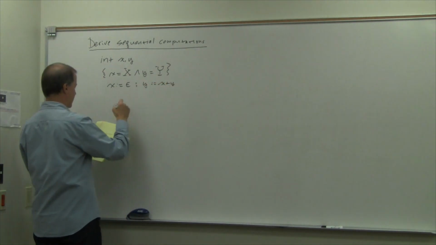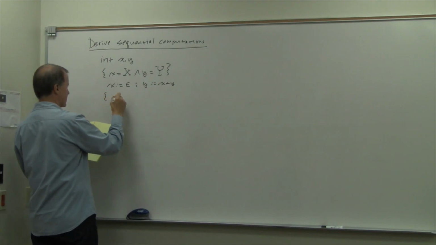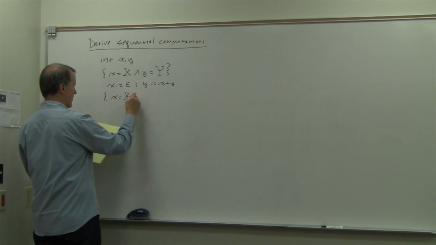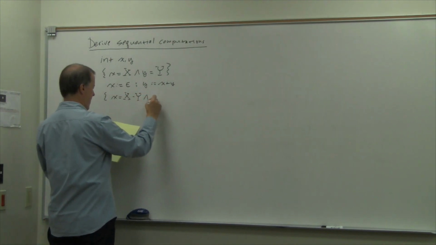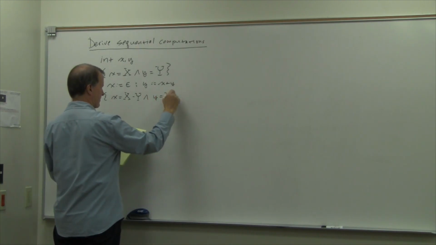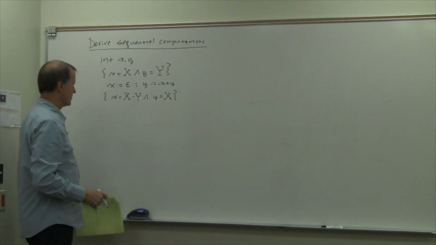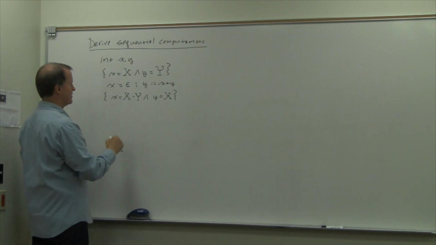In the end, we want x to equal the original value of x minus the original value of y, and we want y to equal the original value of x. So the problem is to solve for e.